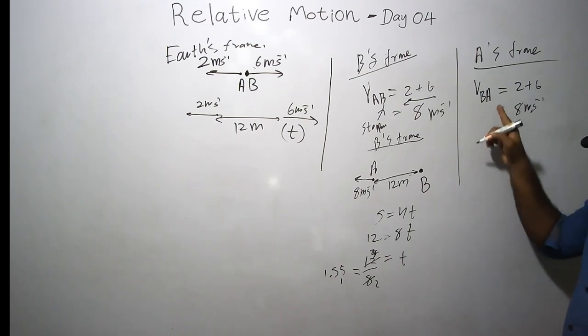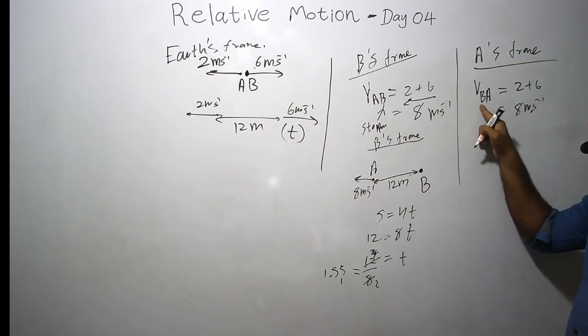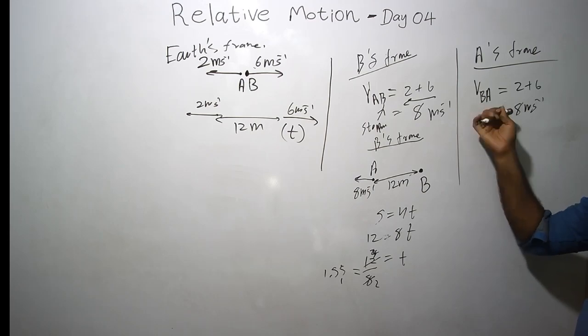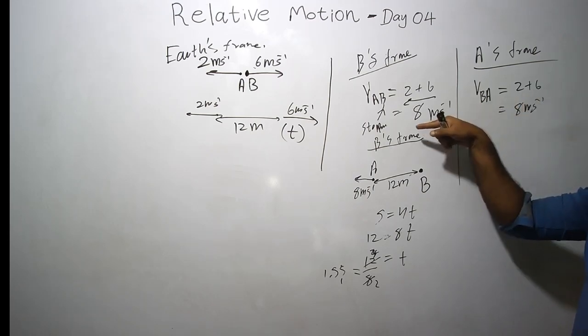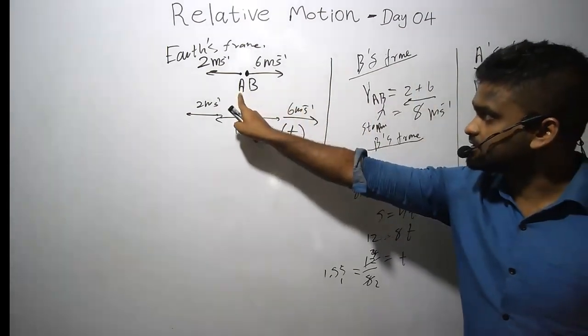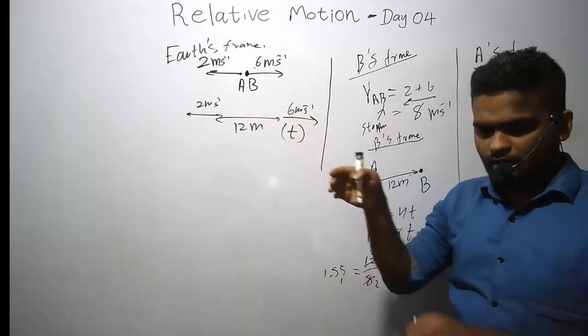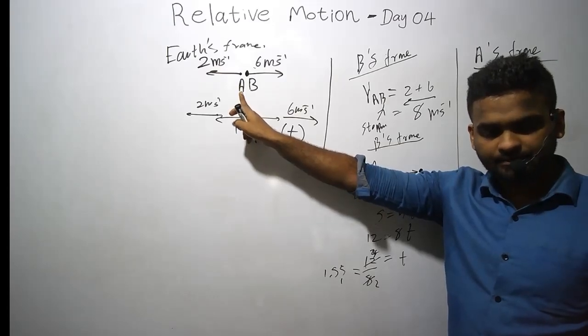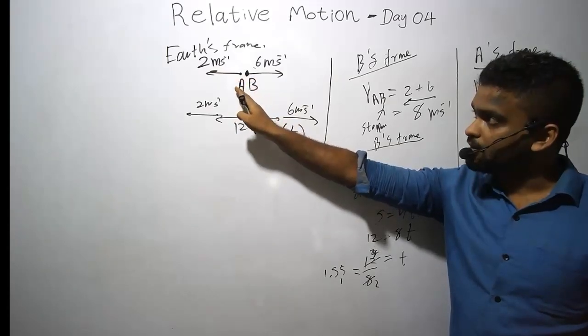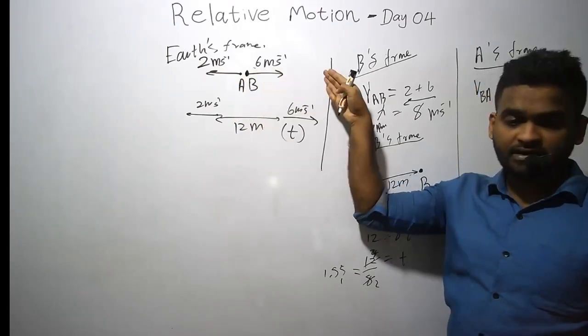What's the direction? If A is stopped, velocity of B should be what? To which direction? To this direction or to this direction? If A is stopped, what is observed by A? A observes that B is moving away, right?